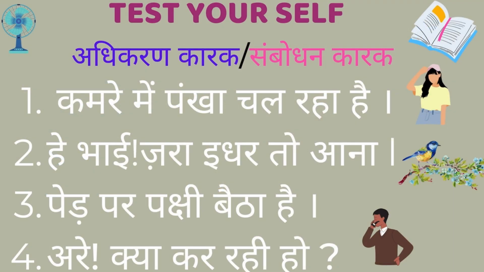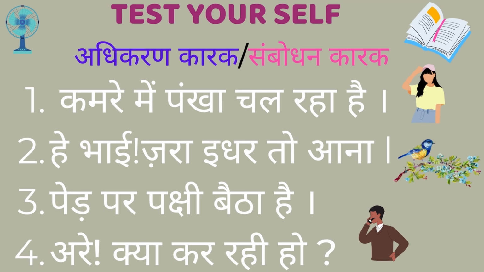Now pause the video and test yourself. Identify which are adhikaran-karak and sambodhan-karak among these sentences. The first sentence, कमरे में पंखा चल रहा है, meaning the fan is running in the room.